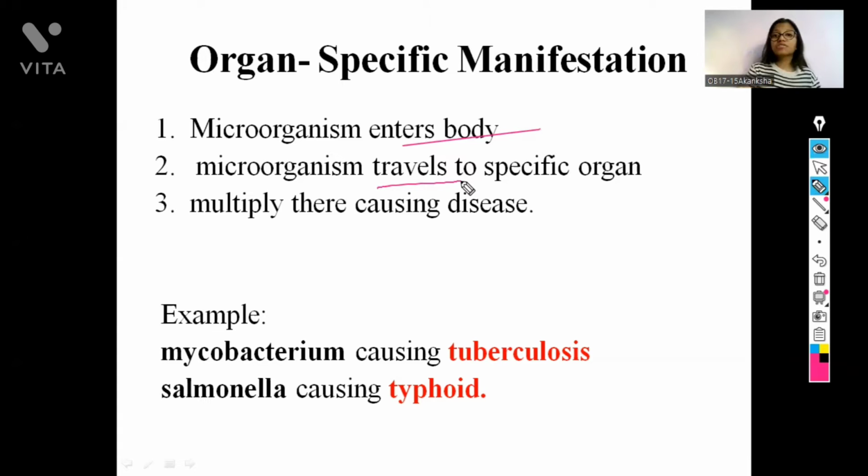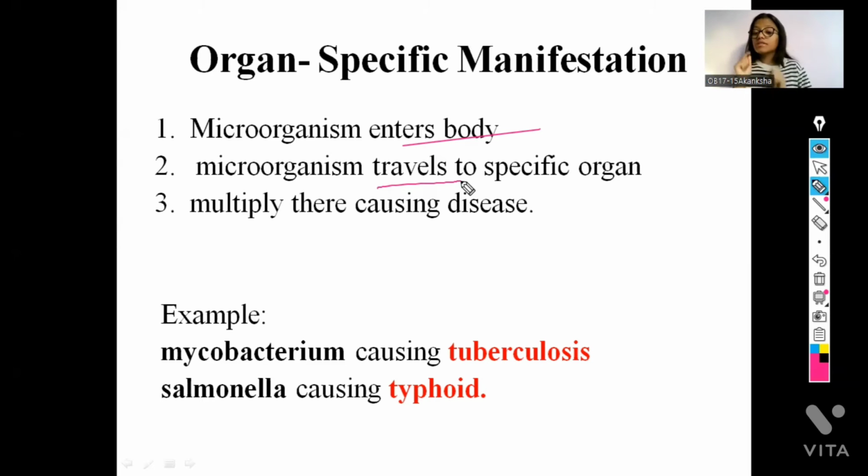They can travel to the liver, the lungs, the stomach, or the intestines, because these diseases are caused in certain specific organs. They travel to a specific organ, and then they multiply, and after multiplying, they cause a particular disease. So this was all about how these organ specific diseases are caused in our body.